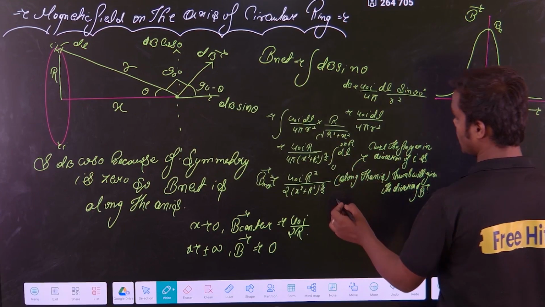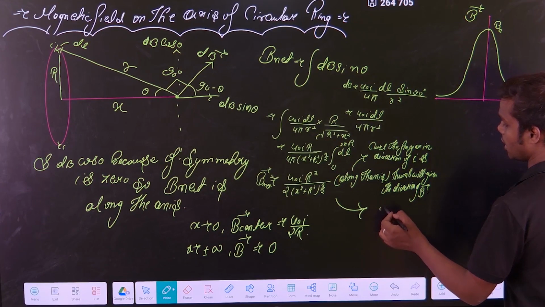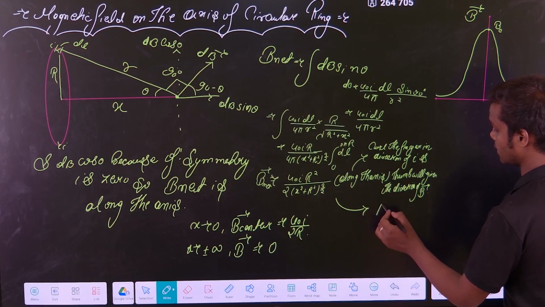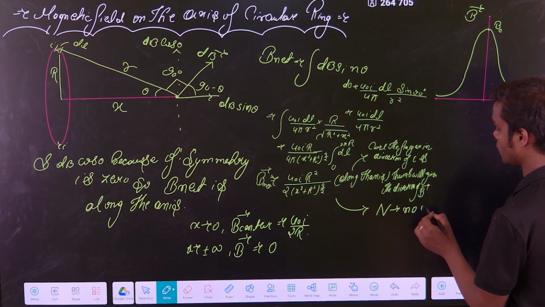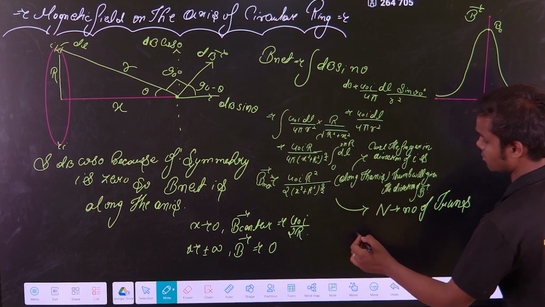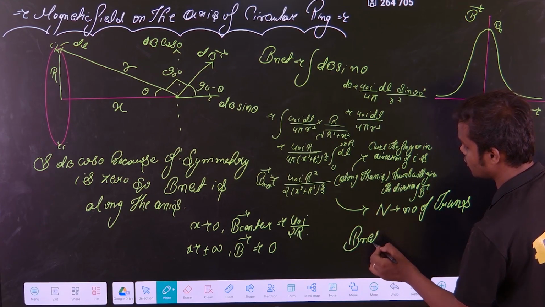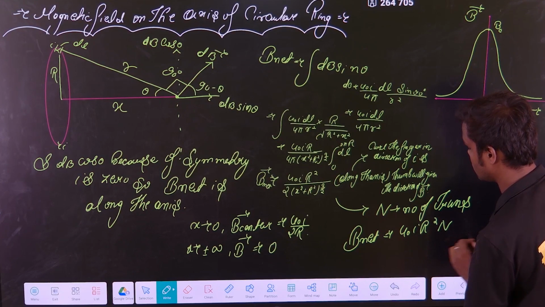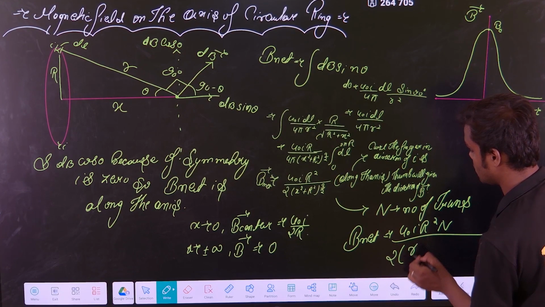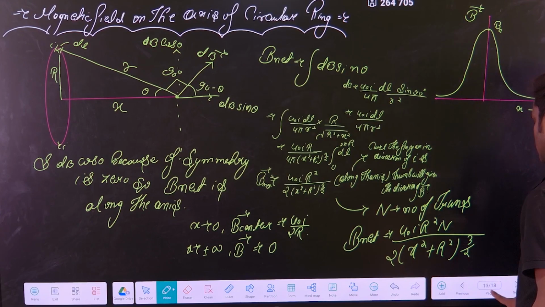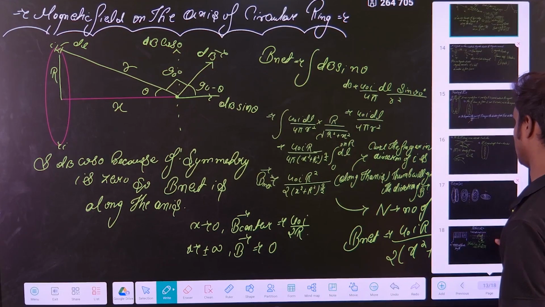If there are n number of turns, you simply multiply it by n. That is valid for every formula.